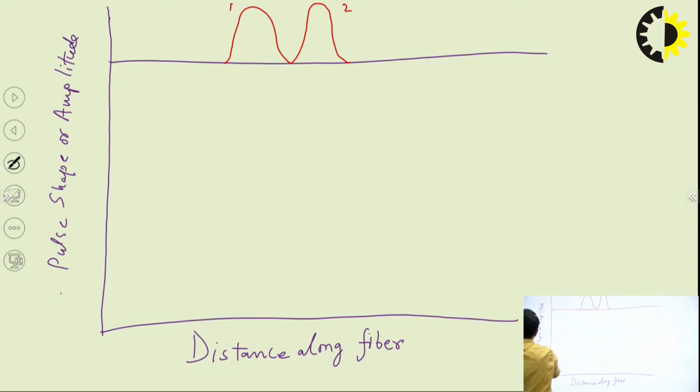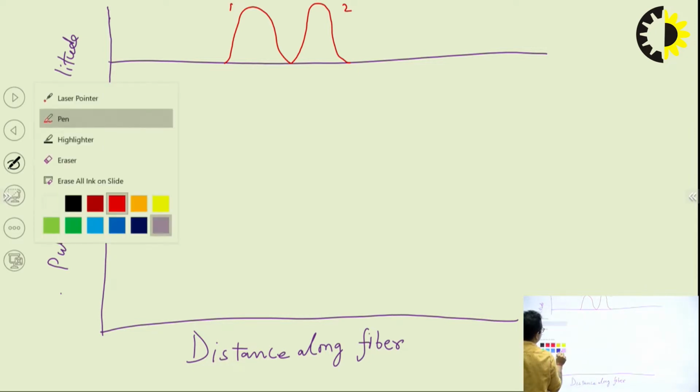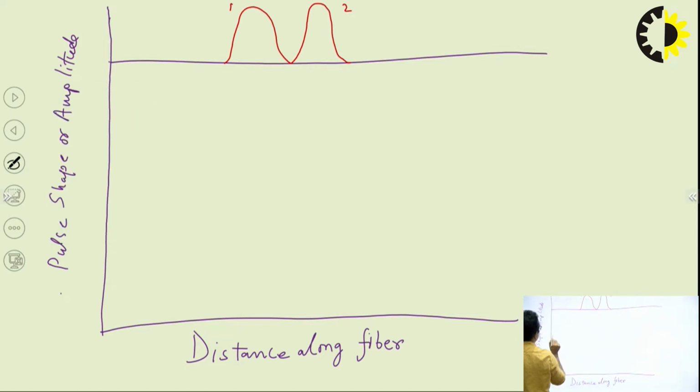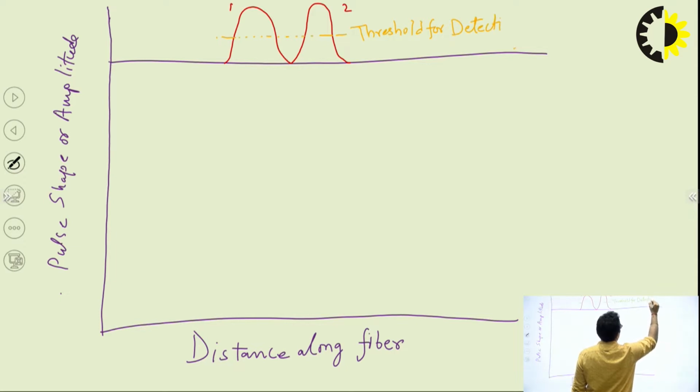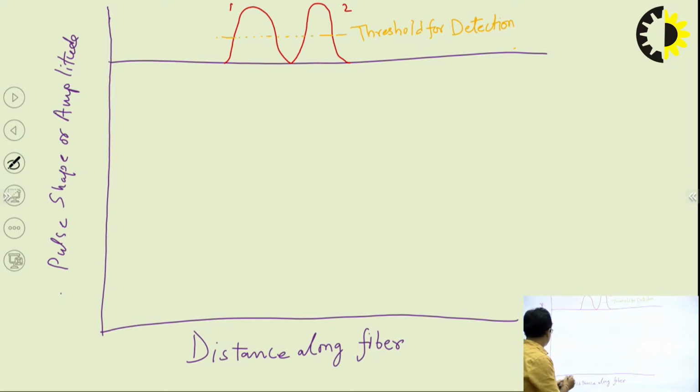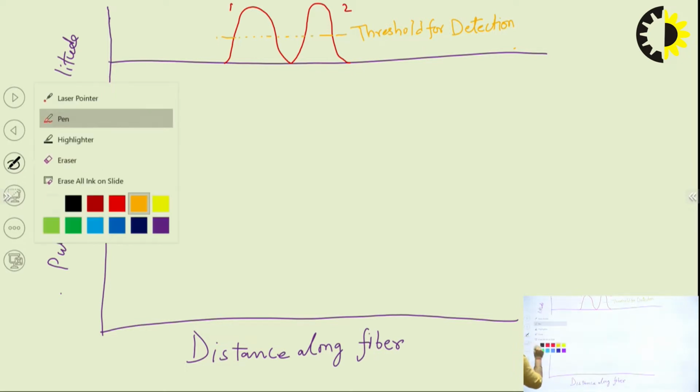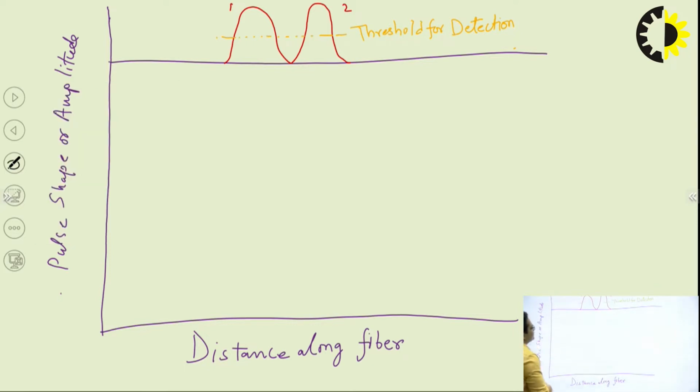We also build one threshold voltage, so that your receiver can easily discriminate between the two pulses. This is the threshold for detection of a pulse. In the first case, your two pulses are clearly distinguishable at the receiver.